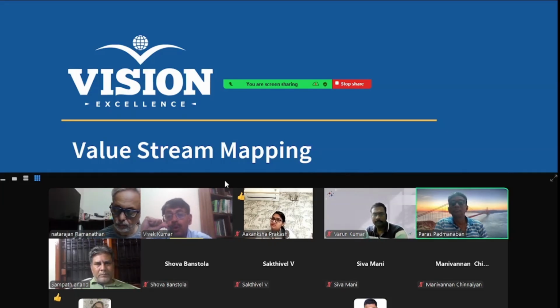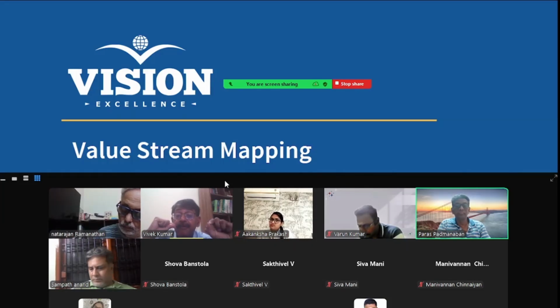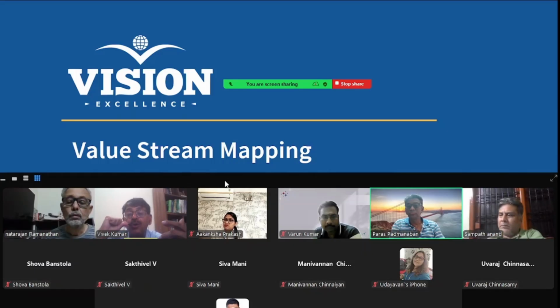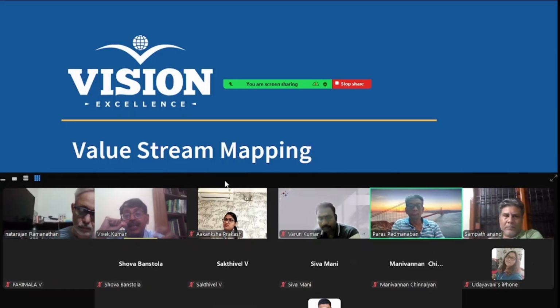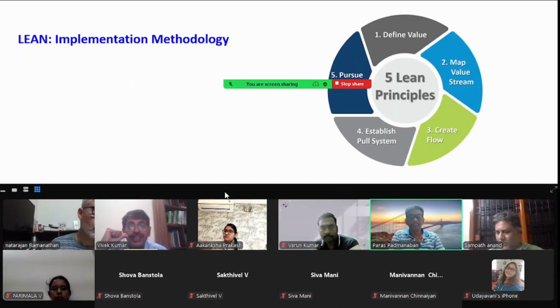It is almost always created either on a big wall or on a big table with many post-its, and all the processes are drawn so that as a team, please underline my words, as a team we understand what exactly the process is, what are the process stages, and then as we deep dive into the value stream map, we gain more and more insights, as you will very soon see here.